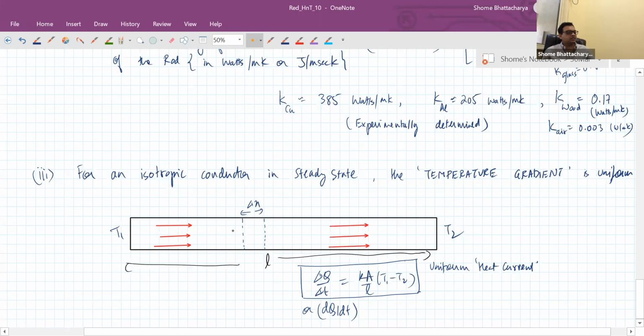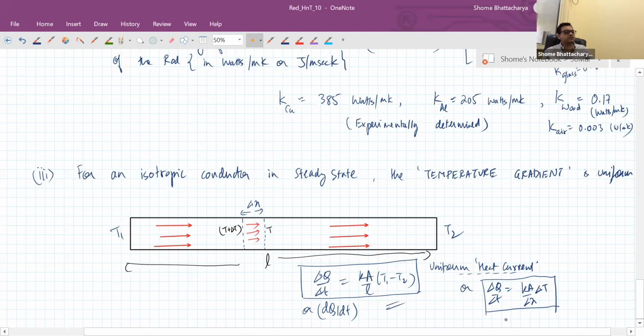Okay. Now this end of it is at T. So this end will be at T plus delta T. Okay. So now through this, the same amount of heat transfer is happening. So this delta Q by delta T is equal to this, because there's a uniform heat current.